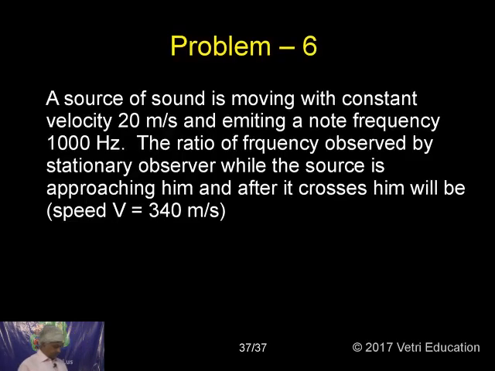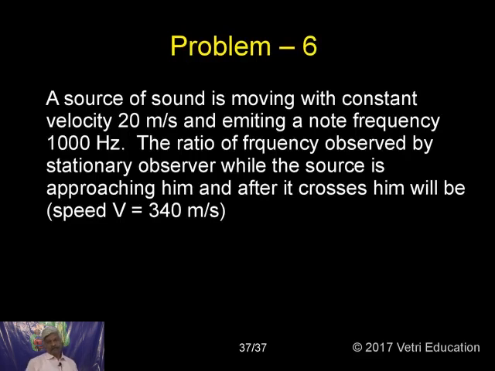So the next problem. A source of sound is moving with constant velocity 20 meters per second and emitting a note of frequency 1000 Hz. What is the ratio of the frequency observed by a stationary observer while the source is approaching him and after it crosses him?